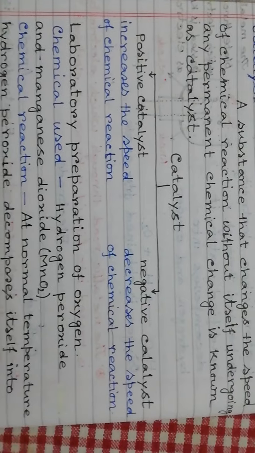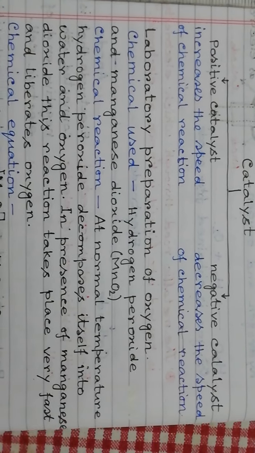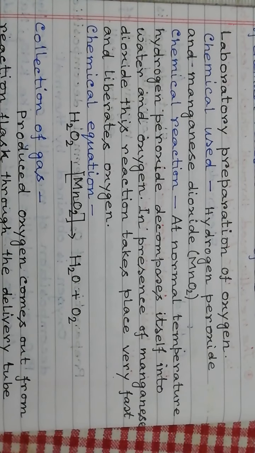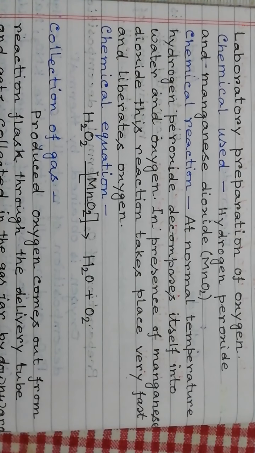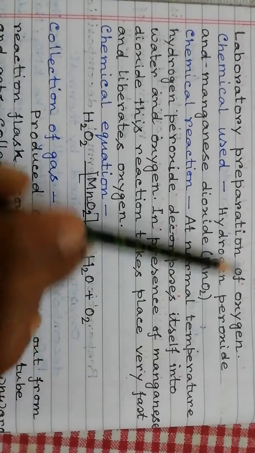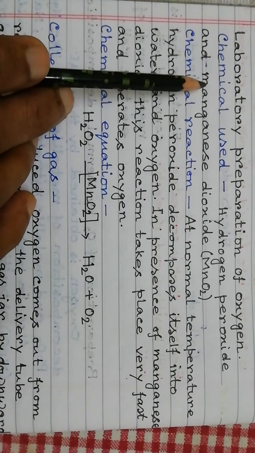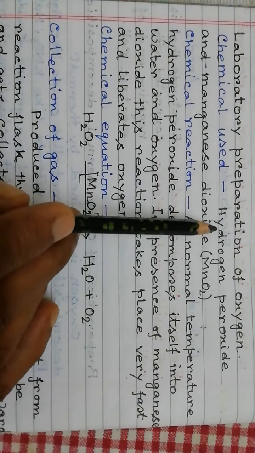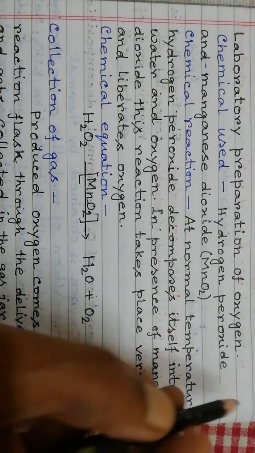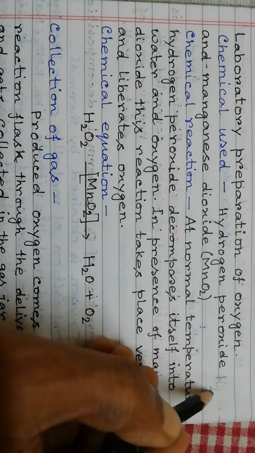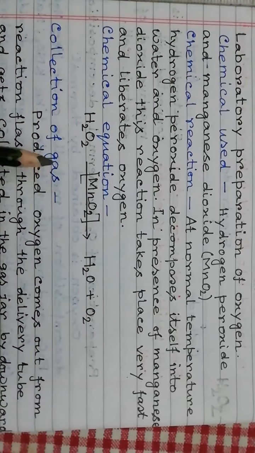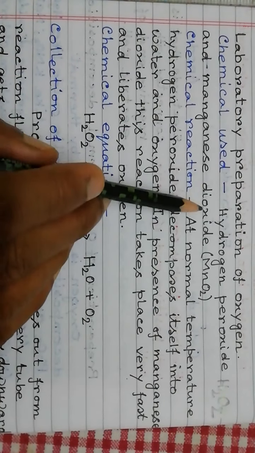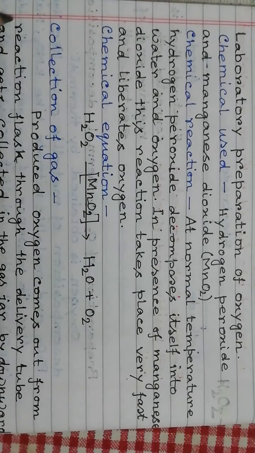Now the question is, how do we prepare oxygen in our laboratory? To prepare oxygen in the laboratory, we use the chemicals hydrogen peroxide, the formula is H2O2, and manganese dioxide, MnO2.